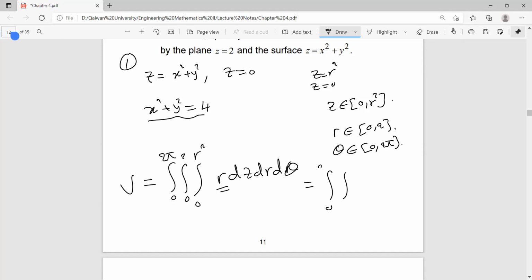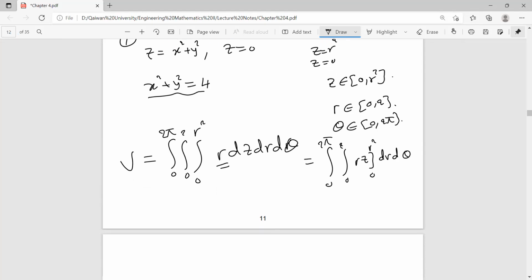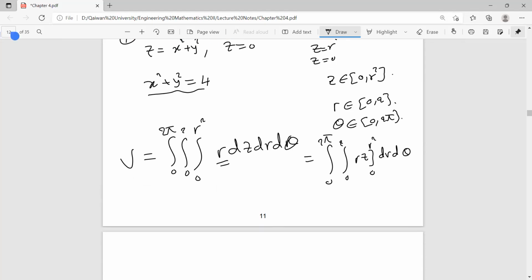It's from 0 to 2 pi and from 0 to 2 for r z from 0 to r squared dr d theta. Now we take an integration with respect to r. If we replace the lower and upper limits, here we get r cubed. It equals the double integration from 0 to 2 pi, from 0 to 2 for r cubed dr d theta.